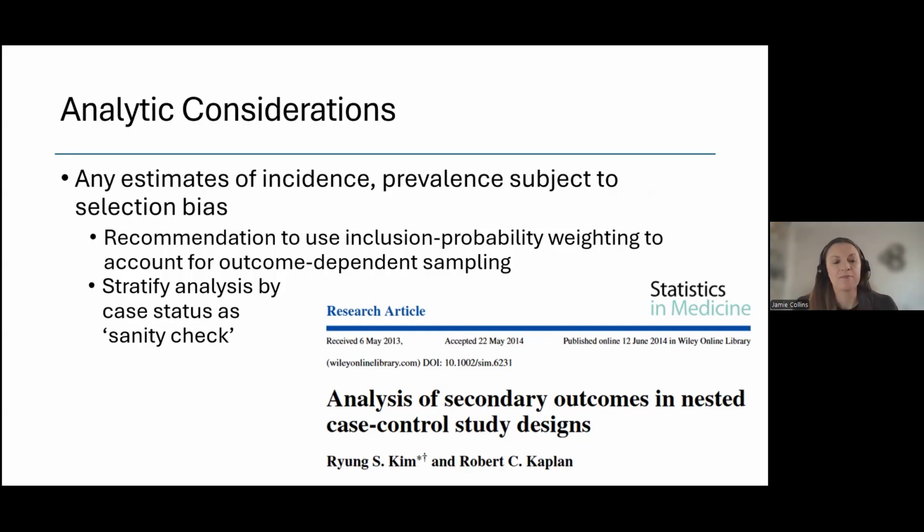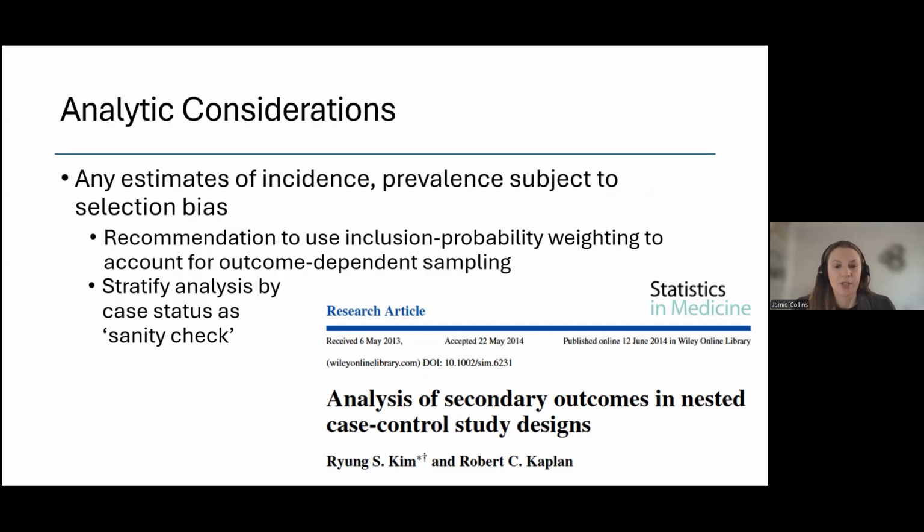So let's say, for example, you were interested in whether baseline imaging biomarkers were associated with functional decline. You might ask whether the association between that baseline biomarker and functional decline is the same for cases as for controls. And if it's not, then you really do have to start to think more about that selection bias and what that means for the generalizability of your findings.